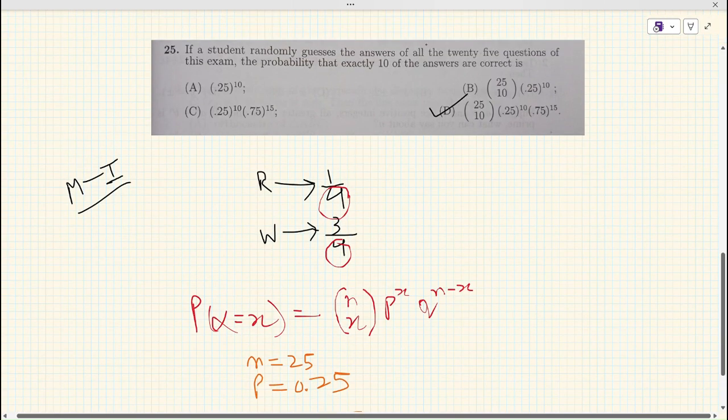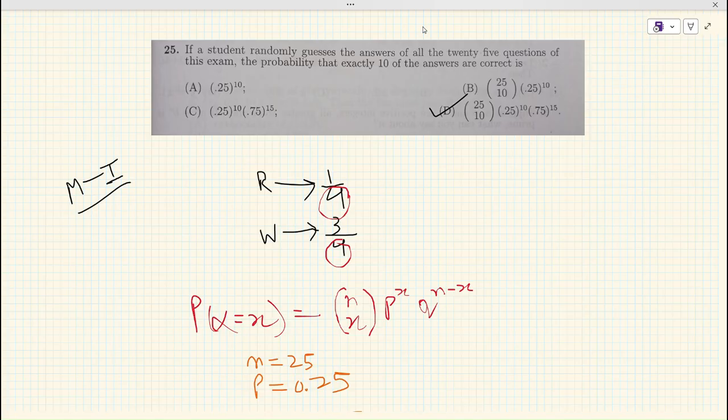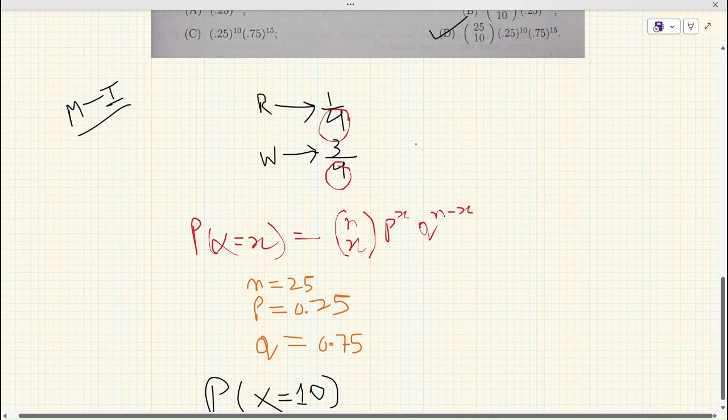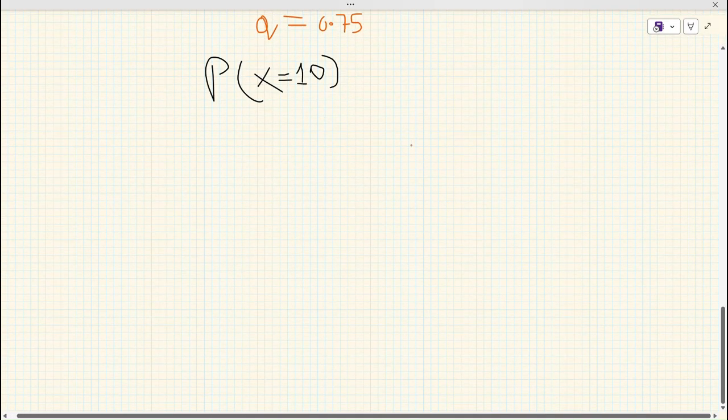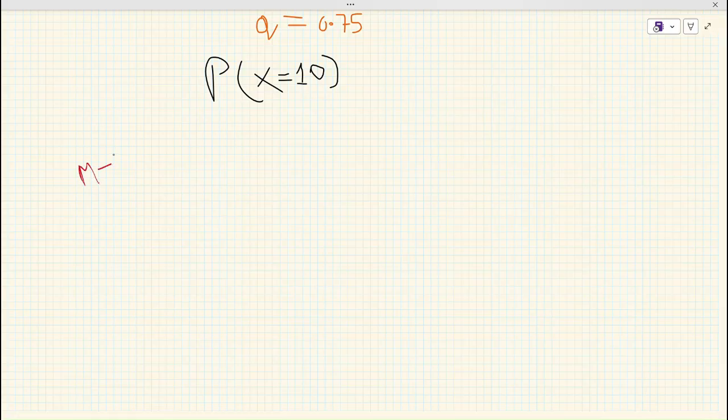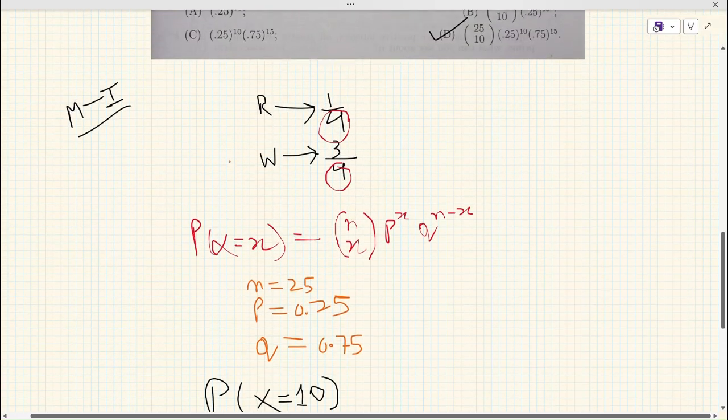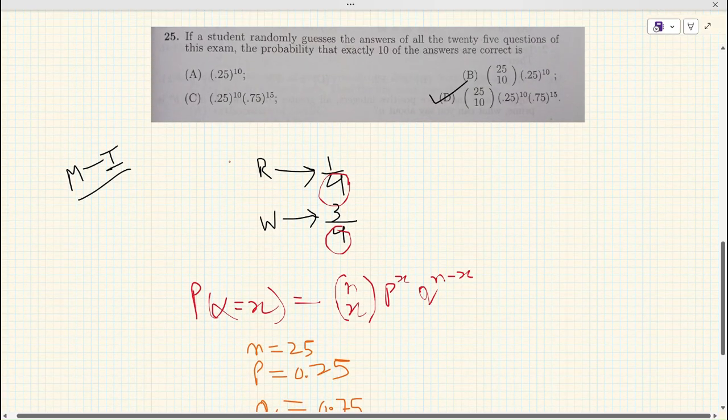Now method 2 is the long method; it's simple if you use binomial distribution. If we were to derive it directly, we first have to know what the problem is telling.